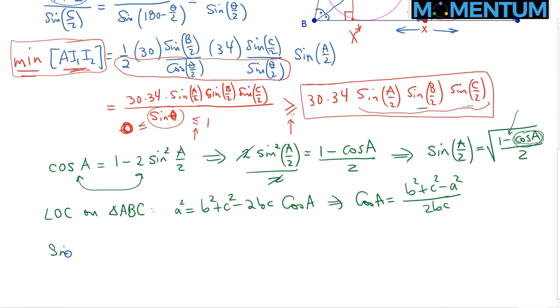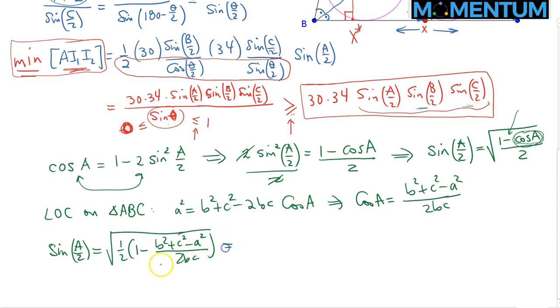Now we can go ahead and substitute that into our expression. So sine of angle A over 2 would simply be, let's rewrite this nicely, equal to the square root of, okay, this is an ugly expression here, 1/2 times 1 minus, okay, cosine A is just this monster, B squared plus C squared minus A squared, all divided by 2BC.